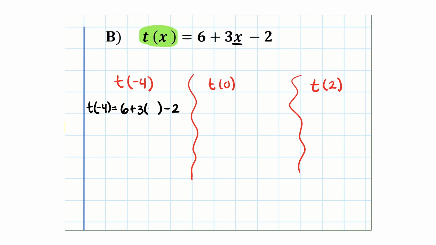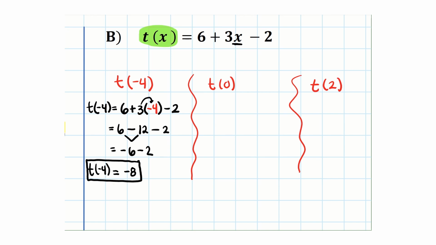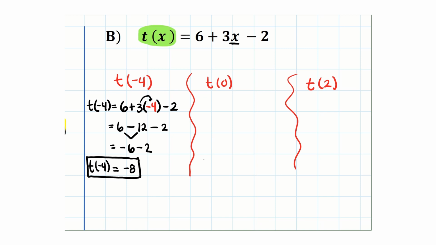And every time I replace something, I always put the parentheses. We substitute -4 for x, since that's our input. Distribute the 3 to the inside of the parentheses, and 3 times -4 is -12. We simplify here: we get -6 minus 2, which is -8. So t of -4 is -8. When -4 goes into our rule, -8 comes out.